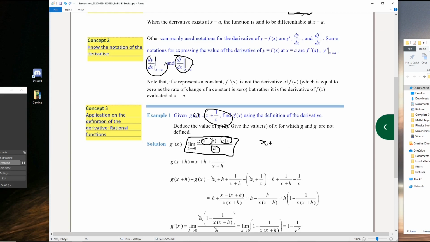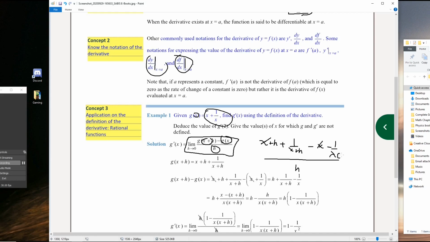Okay, so x plus h plus 1 over x plus h minus x, and this is in the same parenthesis, so the minus distributes, so you get minus 1 over x, over h. So x and x cancel, you're left with this.